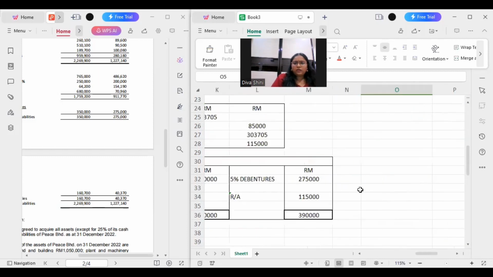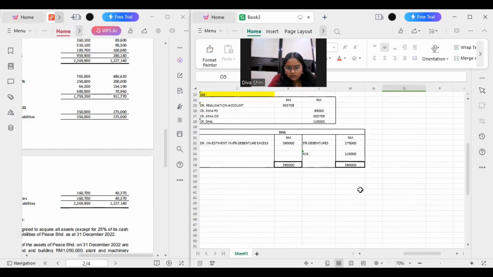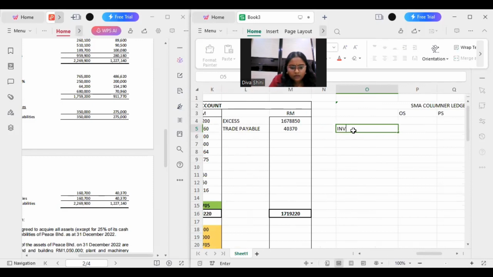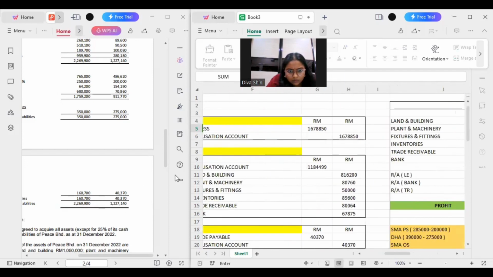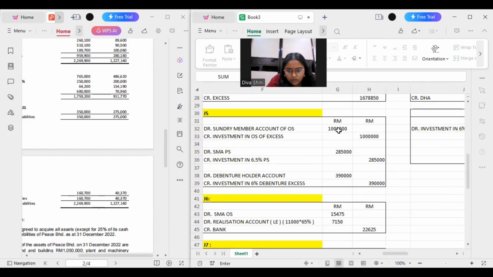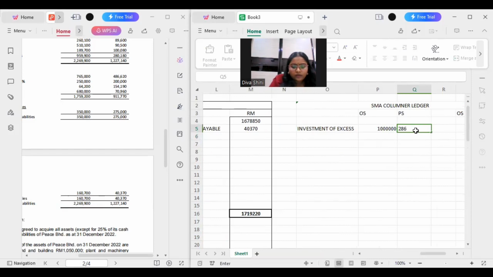Investment of excess. Investment of this, and the amount will be OS is 100,000, PS is 285,000.